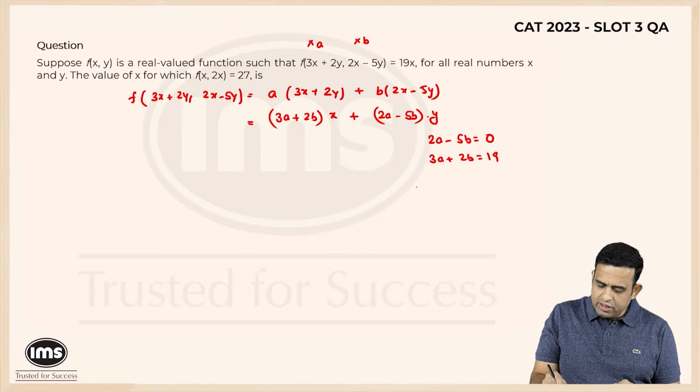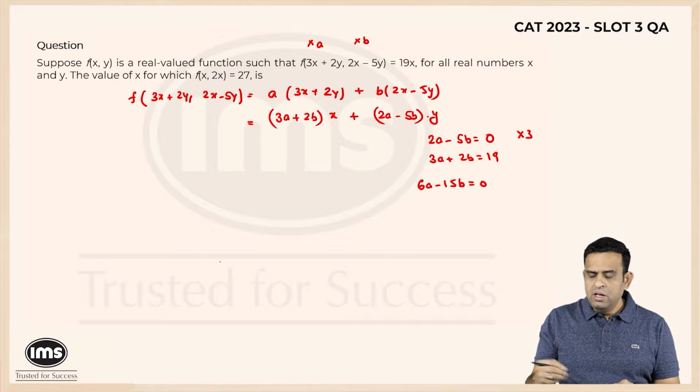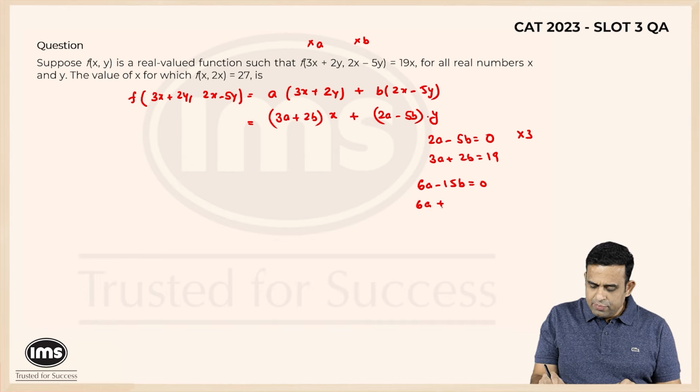If I multiply the first by 3, 6a minus 15b is equal to 0. If I multiply the next equation by 2, one gets 6a plus 4b is equal to 38. Then if I subtract, one gets minus 19b is equal to minus 38.